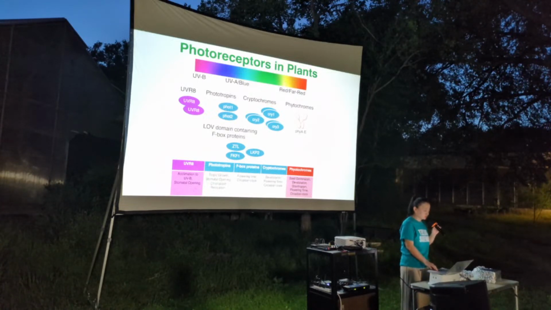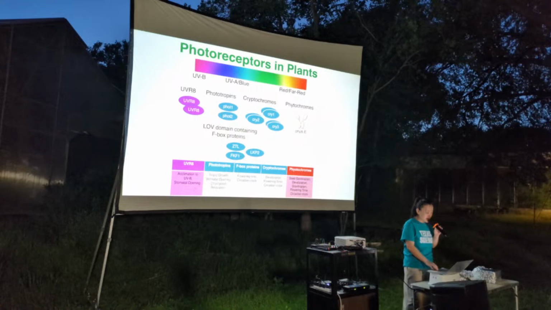UVR8 is the protein which can sense UVB light. It can regulate acclimation to UVB light, and it can also regulate stomata opening. Then there are the phototropins, Phot1 and Phot2, which are proteins that can perceive UVA or blue light. The phototropins regulate tropic growth, like phototropism, and they can also regulate stomata opening and chloroplast movement.